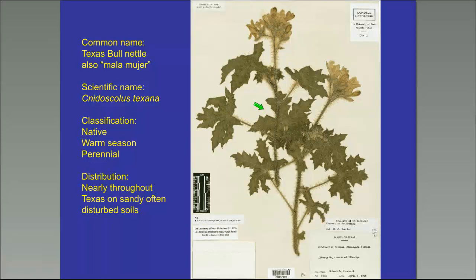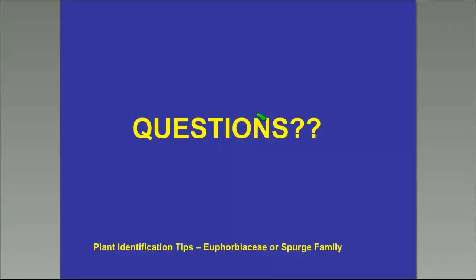So a lot of people, because of that, say it's a bad plant, but actually it's a common member of the native flora of Texas, living from Mexico all the way to Canada on various soils. And a lot of times in Texas, we find it on the more sandy soils. But bull nettle. So good job, ladies and gentlemen.